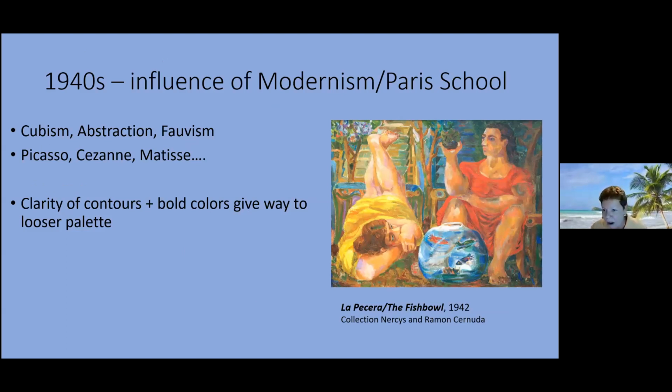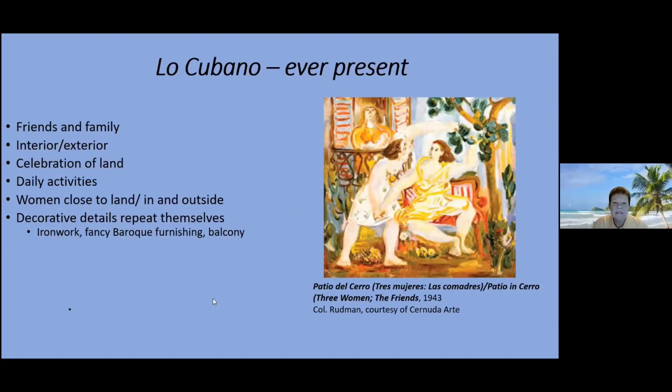He's always about color, but the palette itself has been diversified. The way he works with the different tonalities of the reds, the yellows in this particular image called the fishbowl. But ever present is Lo Cubano in the Tres Mujeres, Las Compadres, patio in Cera.